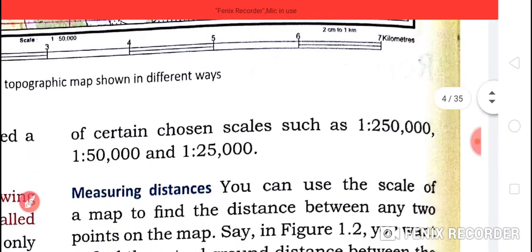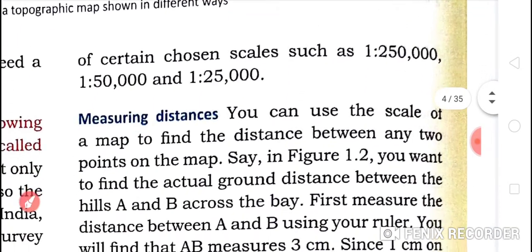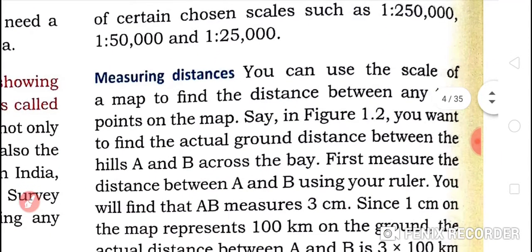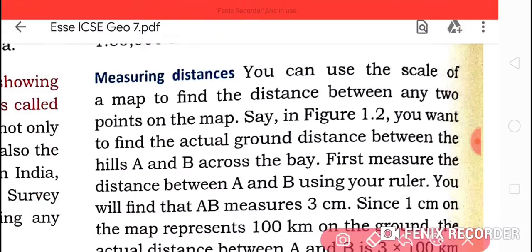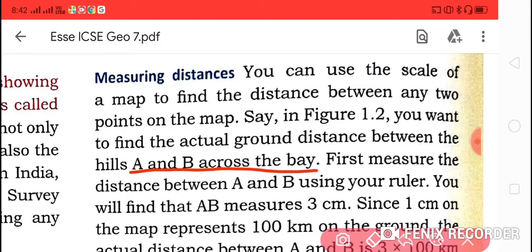How can we measure the distance on a map? You can use the scale of a map to find the distance between two points. Say in figure 1.2, you want to find the actual distance between A and B across the bay.